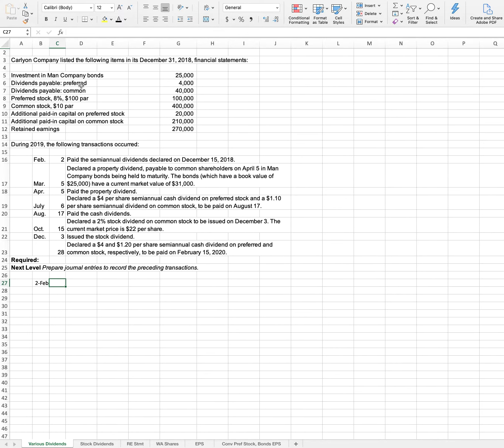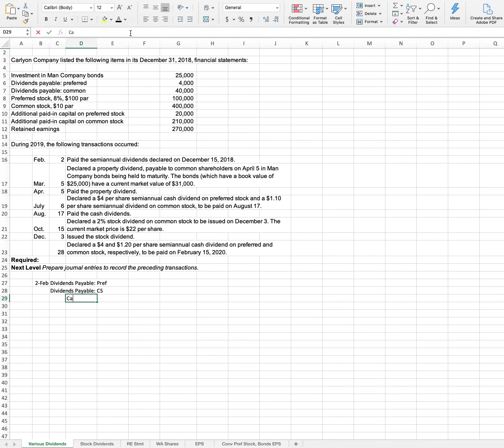So if we look up at this information, there's dividends payable of $4,000 to preferred and $40,000 to common. And so now we're actually at the date of paying that dividend that's already been declared. So we will debit the dividends payable for both preferred and common.